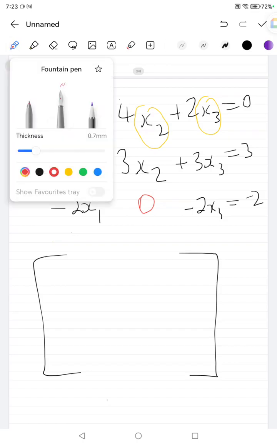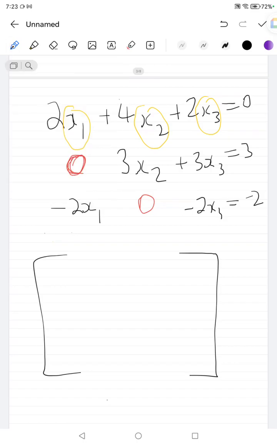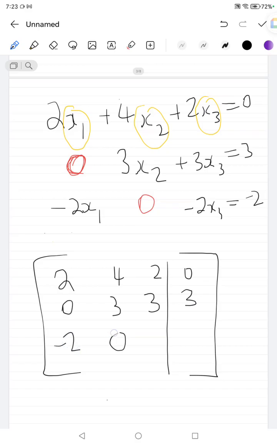So if I'm going to write this in an augmented matrix, I write my first row of coefficients: 2, 4, 2, and on this side 0. Then 0, 3, 3, and 3. Then minus 2, 0, minus 2, and minus 2.